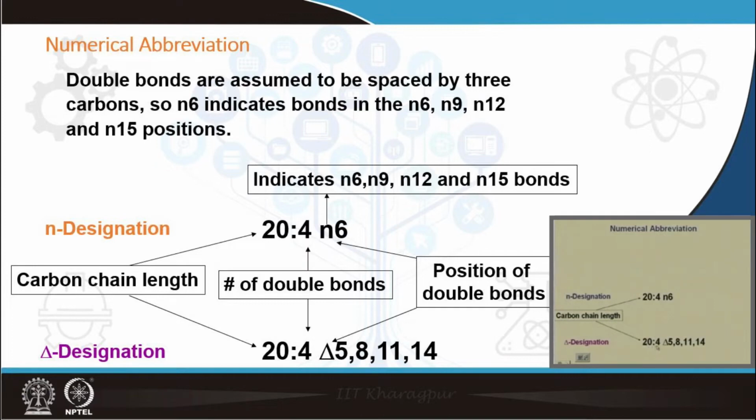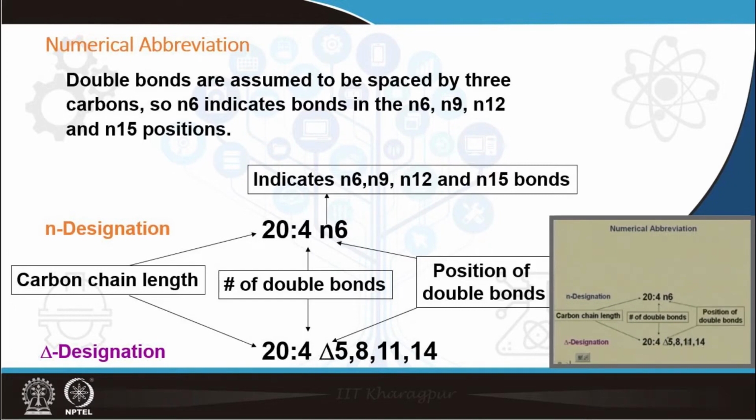After the colon, you see another number. So, this 20 means that the carbon chain length is 20. The number after the colon designates the number of double bonds present. So, in this case, we have a carbon chain length of 20 and the number of double bonds at 4, and now you can tell me that this is actually the position of the double bonds.